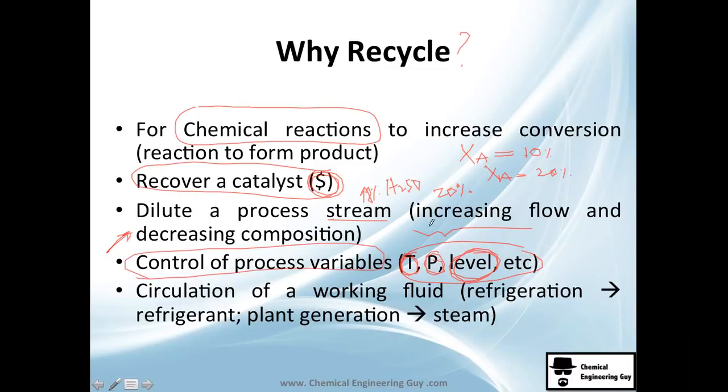And how do we do that? Normally you do a recycle. This is a huge recycle compared to this stream. So the temperature of this is, I don't know, 500, and the temperature of this is, I don't know, 100. Because this is too big, this stream will not do anything. This stream will laugh, like, oh, you're so small, my temperature will stay the same. So that's one example.